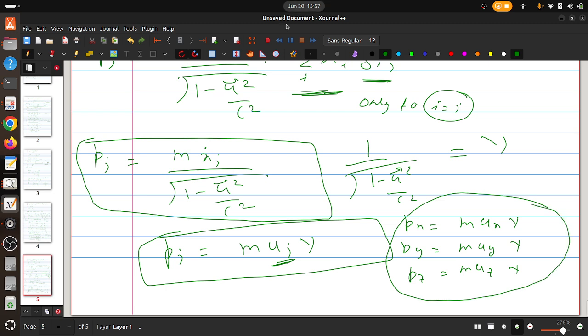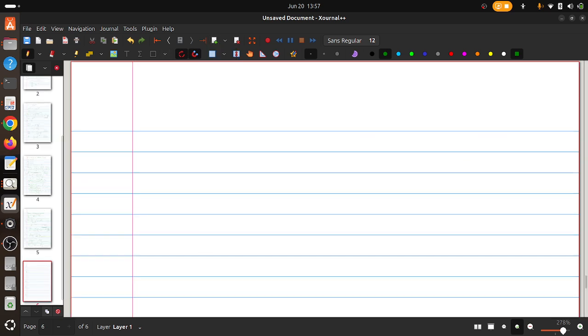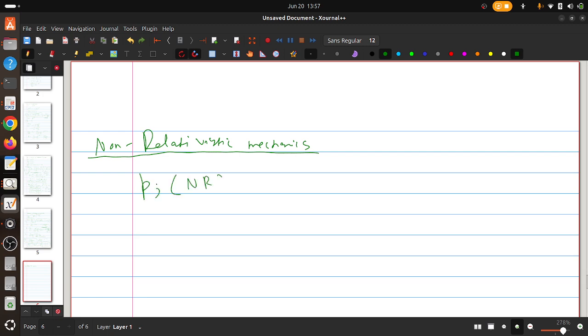Simple. So with reference to non-relativistic mechanics, we know that our momentum Pj in the non-relativistic regime was just m uj and there was no gamma, right?